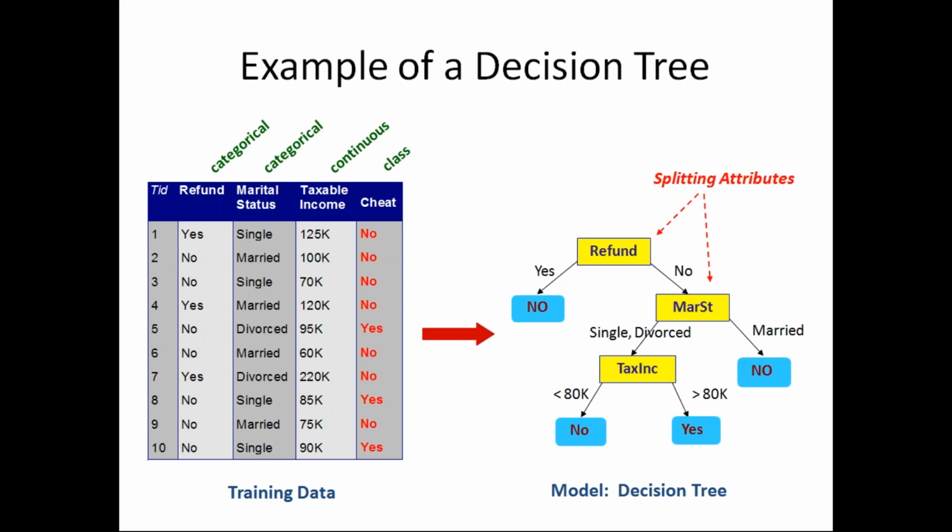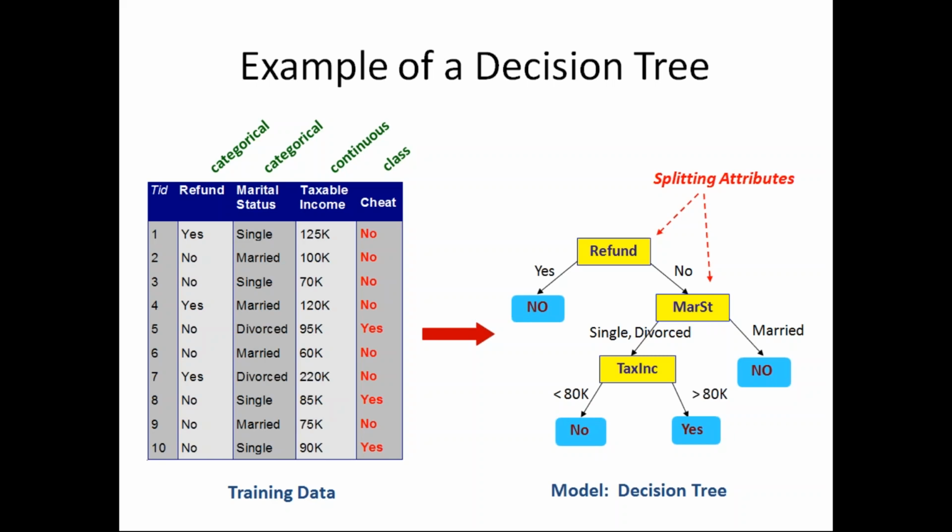The bank will check these three attributes and they will decide whether you will be cheating them or not. What do I mean by cheating them? Whether you will be able to pay back your loan or not, or you will just default it. And depending upon whether the software says yes or no, the bank then decides whether to pass the loan or not.